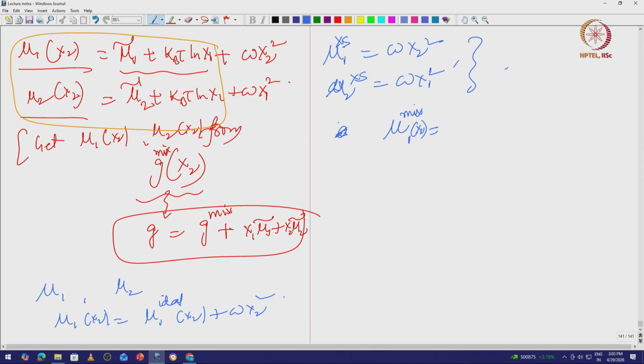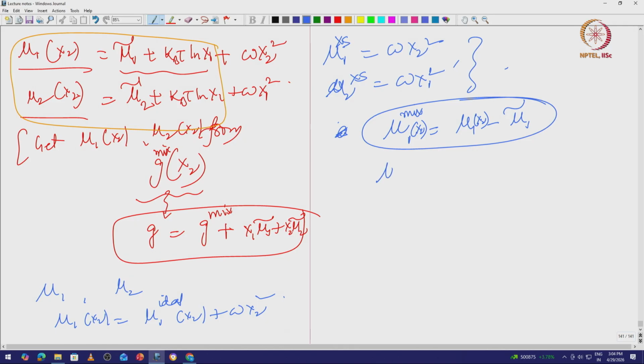This is the chemical potential of 1 in the mixture compared to the chemical potential of the pure compound. So, chemical potential of 1 in the solution minus mu1 tilde, that is mu1(x2) minus mu1 tilde. This is the mu1 mix. Just like G mix, I have a mu1 mix.